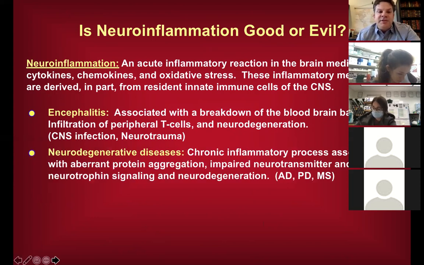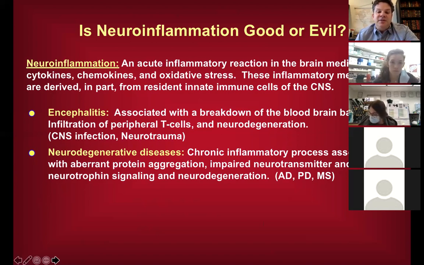Now, we're also going to see neuroinflammation in the context of neurodegenerative disease. Many of you, as I know from your backgrounds, are interested in these chronic inflammatory processes that lead to abnormal protein formations, which are usually protein aggregations. You'll see this impairing neurotransmitters, affecting the growth signals within the brain, and leading to cell death.